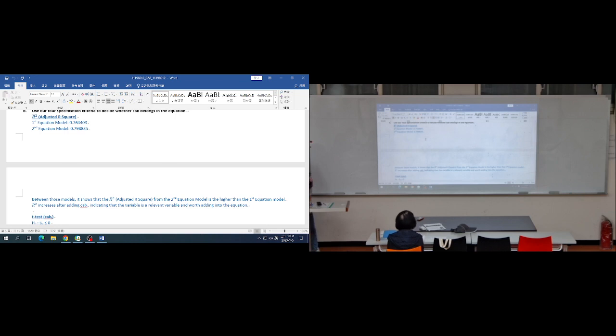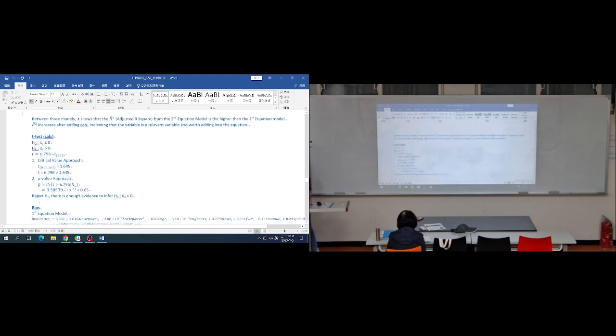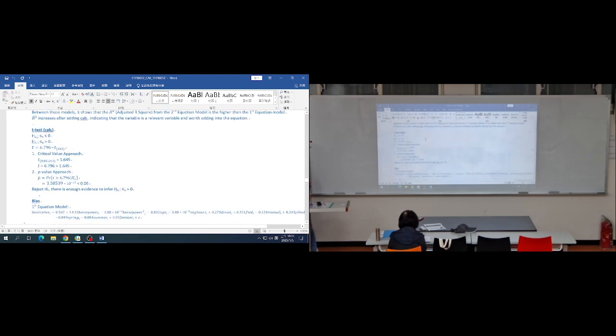Therefore, it indicates that the cap variable is relevant and worth adding into the equation. And from the t-test, we reject the null hypothesis as there is enough evidence to infer the alternative hypothesis. So it means that the cap variable is significant.